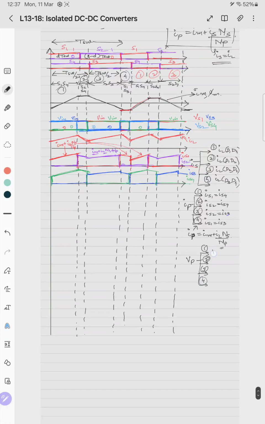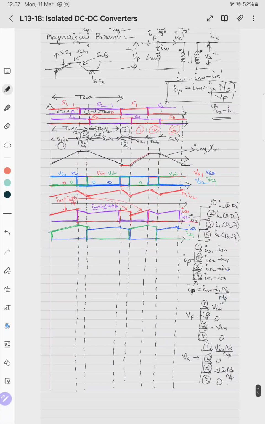For case 1, Vp is Vin, 0, minus Vin and 0, and Vs will be for case 1, case 2, case 3 and case 4. It is Vin into Ns by Np, 0, minus Vin into Ns by Np and 0, like this. So you can just draw the waveform of it.